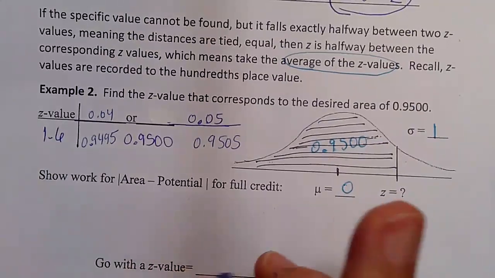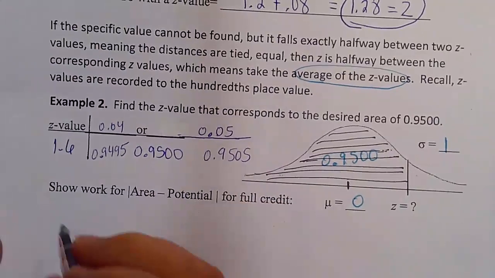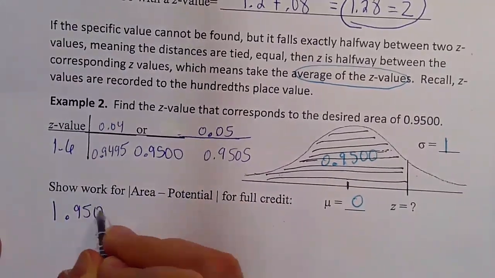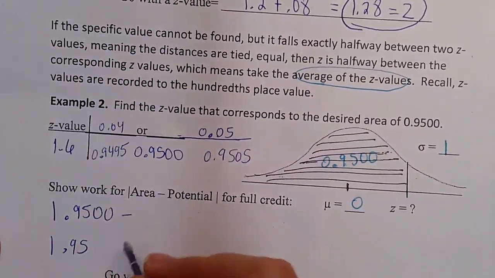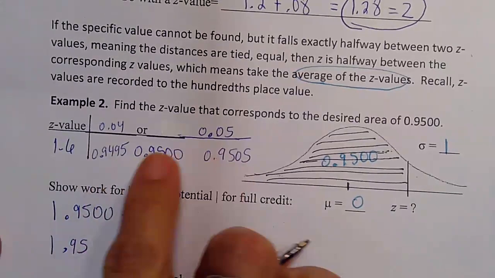This is supposed to be an example where they're going to be tied, so let's show you that. You do the area, which is 0.9500, or you can just say 0.95, and you subtract both the potential areas. It doesn't matter which one you do first.